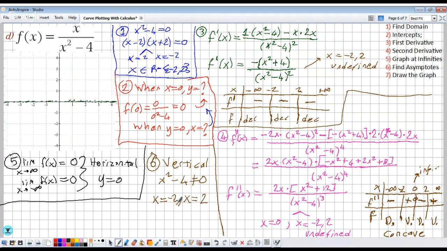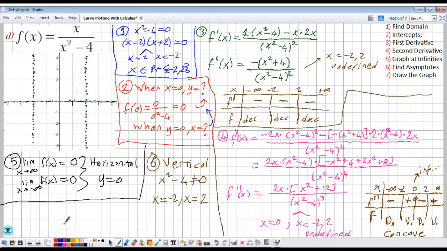So then x is equal to minus 2 and plus 2 are the vertical asymptotes. Let's increase the size of the points, then it can be quick to me. I can do it quickly. So then x is equal to 2 is another vertical asymptote.